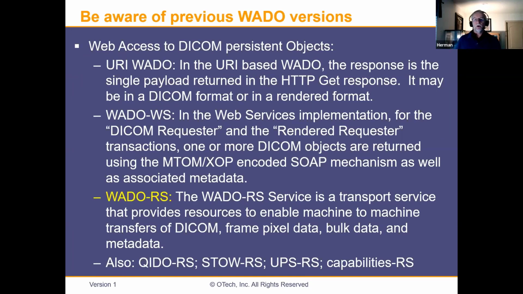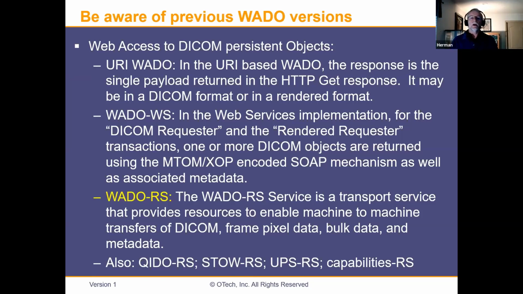Okay, this is kind of important. Be aware of the different WADO versions. When WADO started a long time ago, I think it was early 2000 or so, if I remember correctly, we did a simple URL definition to pull up the data. Not used a lot, only in some implementations. Then the whole XDS definition came along, XDS-I.